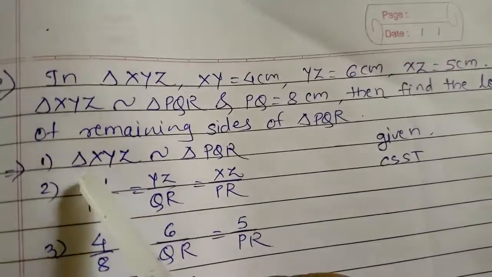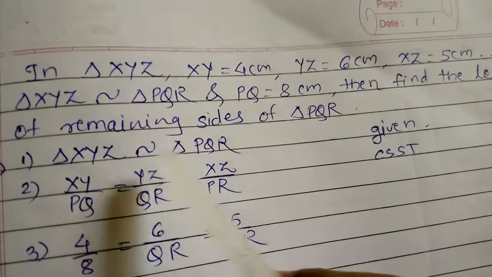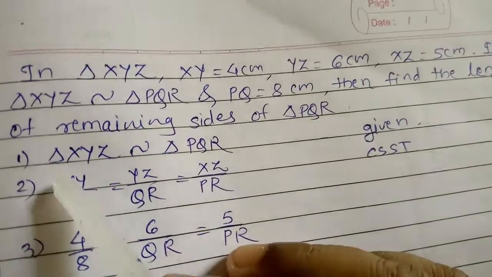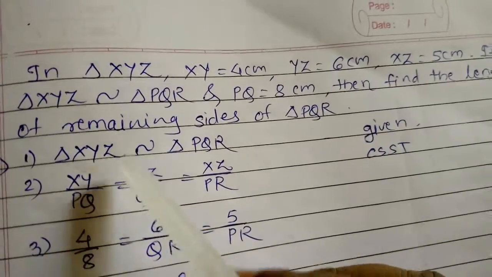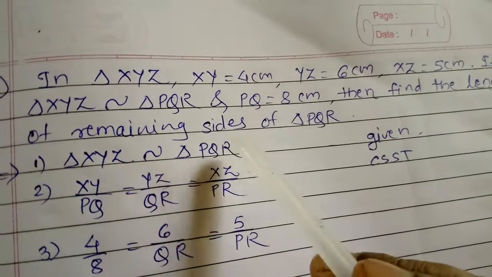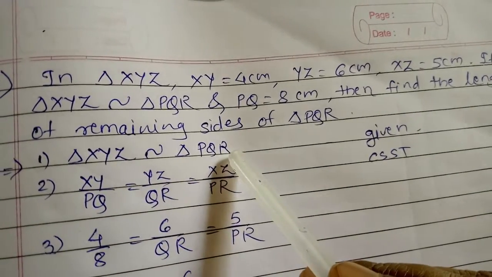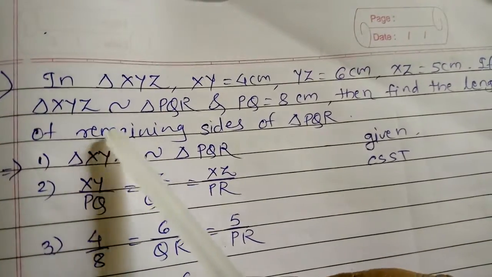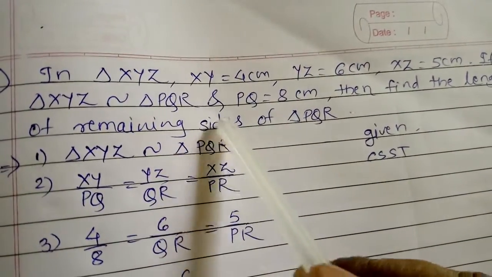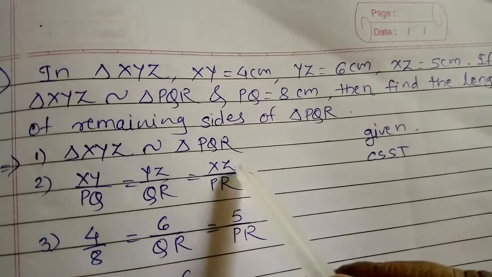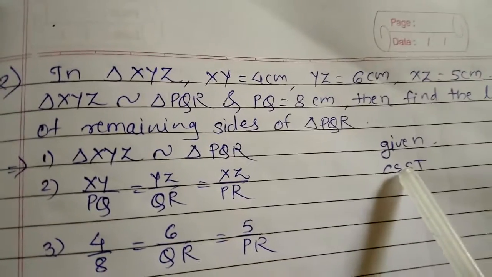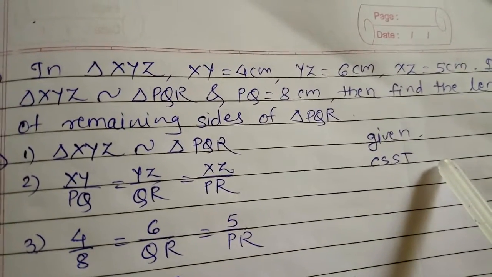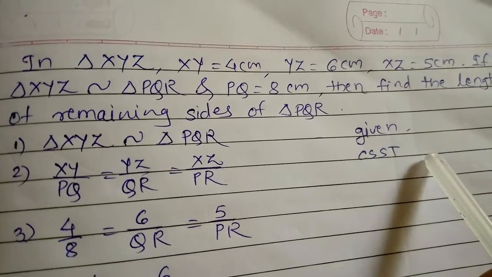So how to write it down? XY first second, that is XY upon PQ is equal to second third, that is YZ upon QR, and the next first third, that is XZ upon PR. So the reason is CSST, that is corresponding sides of similar triangles.